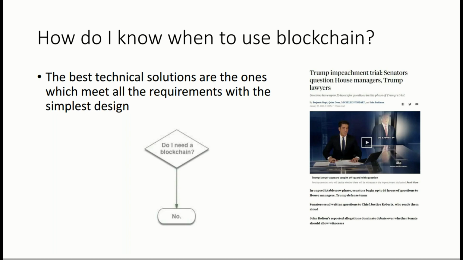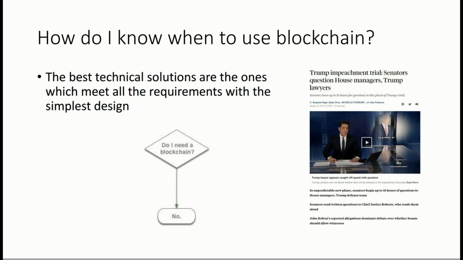And so you'll see me express this as a theme when I talk about how to select and evaluate and scorecard a use case. I always like showing this little flow chart that you see here on this slide when I talk about this, not because I think that the answer to do I need a blockchain is always going to be no. That's obviously a little bit of a joke.